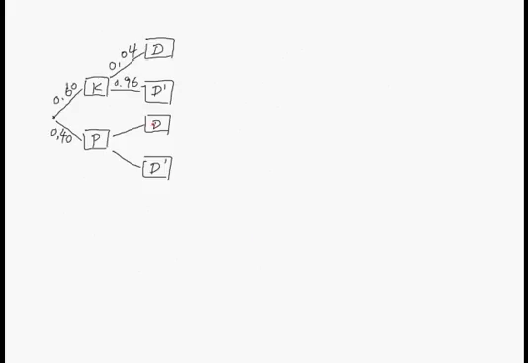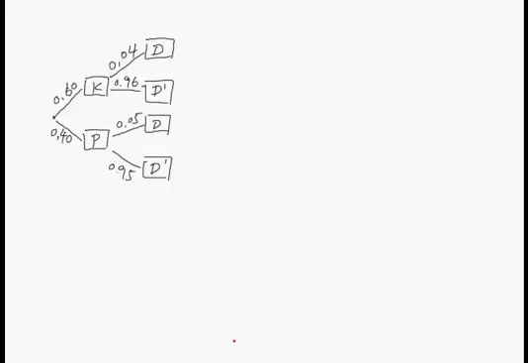Then P of D prime given P is equal to 1 minus 0.05, so this is equal to 0.95. In this way, we get the tree diagram. So this is part A.